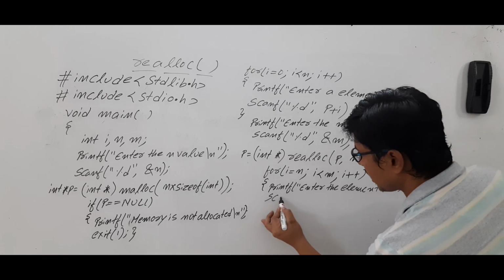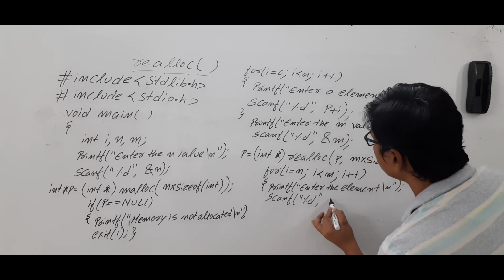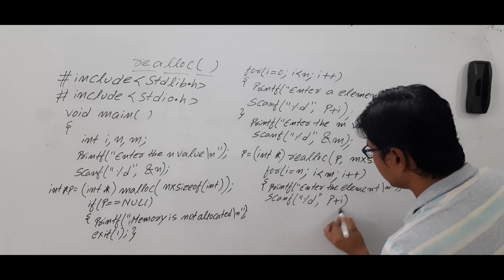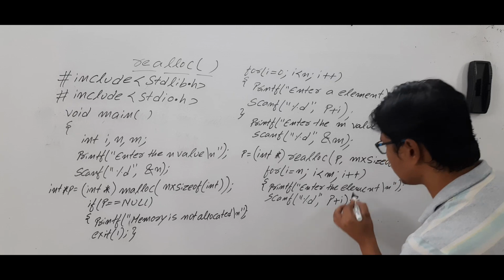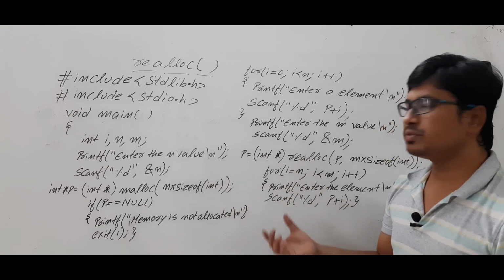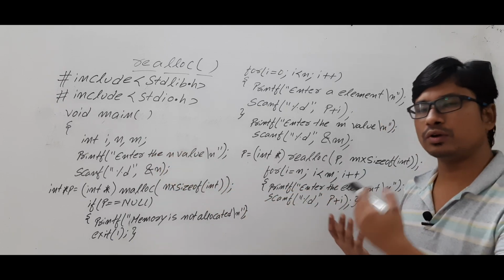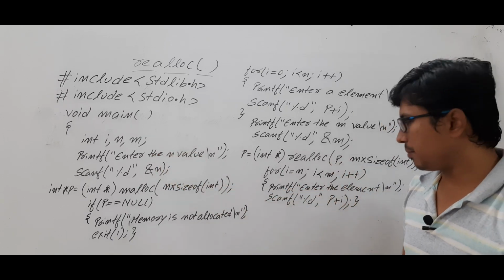Then I will write scanf %d p plus i. Okay, then close this one. Assume that the m value is greater than n. That's what you want to increase. In this case, the user wants to increase the existing memory.